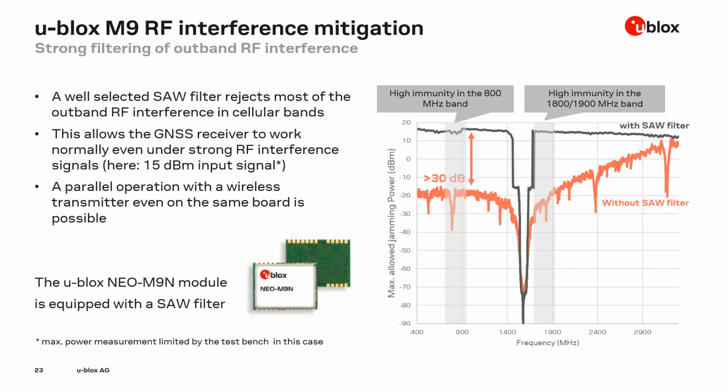So in summary, we can say that the SAW filter, or the filtering, is quite important here. Otherwise, you will not be able to mitigate outband interference. In this module, we also put in the notch filter to especially mitigate the 800 megahertz band.